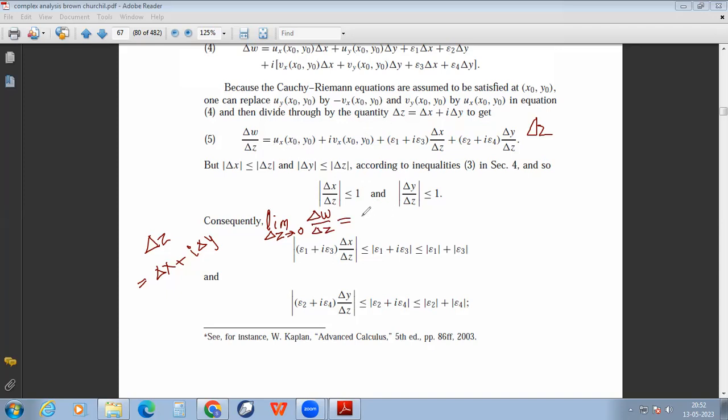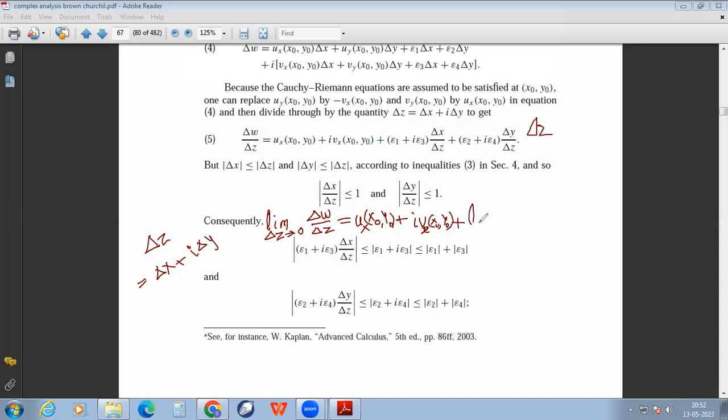This part will continue: ux at x naught y naught plus I vx at the same point x naught y naught, and plus this limit will be applied to the remaining part.